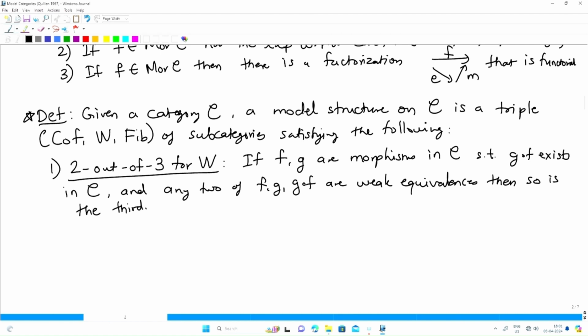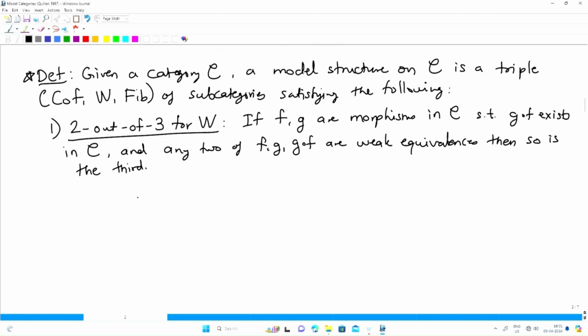So basically, one thing is clear: if F and G are weak equivalences, then G composed with F is also a weak equivalence. That's clear? Because W is a subcategory. The other two, however, are important. But the short form is 2 out of 3: if 2 out of 3, then all 3.